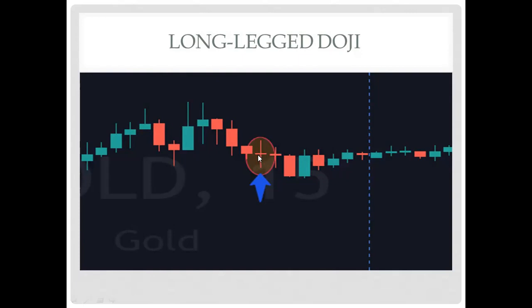Then the opening and the closing price are the same, as you can see here. These types of candlesticks also indicate indecision. It's barely possible for a trader to make a trading decision based on this single candlestick pattern. That is the long-legged doji.